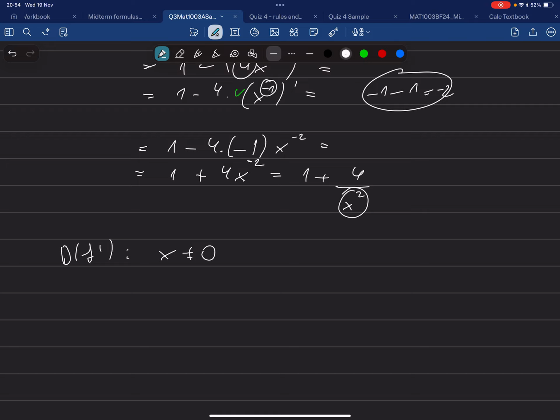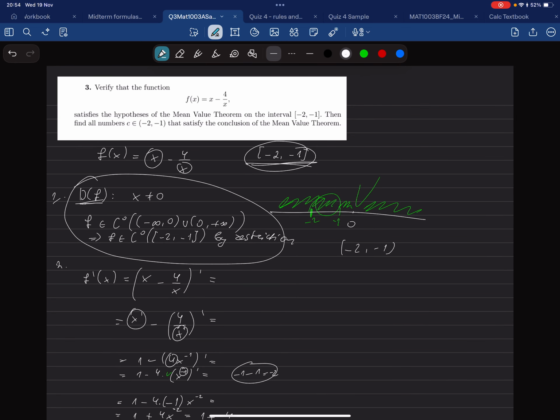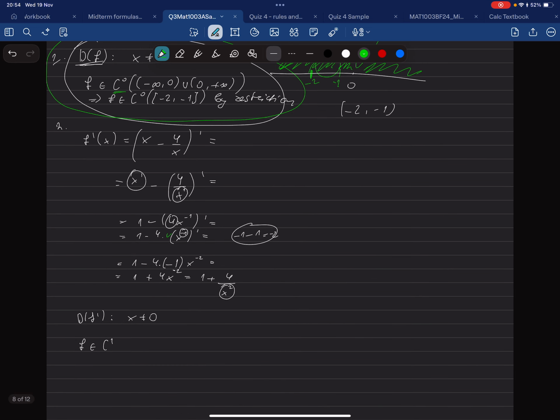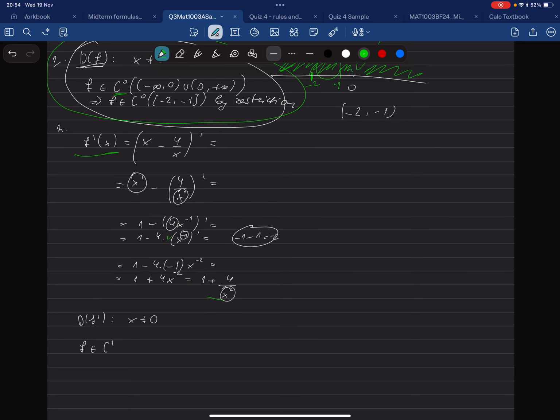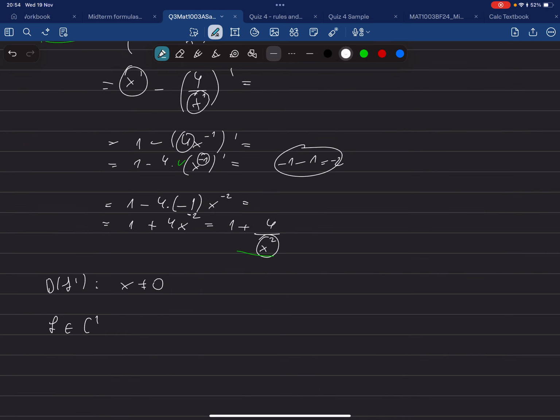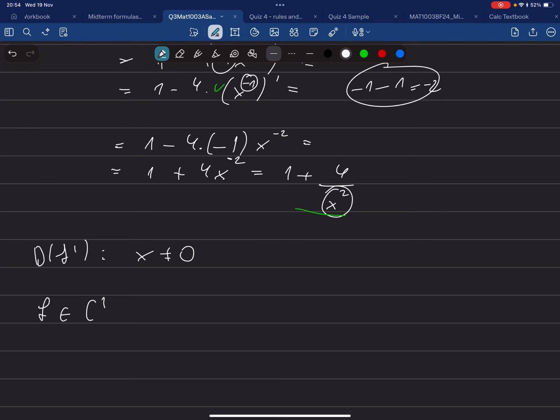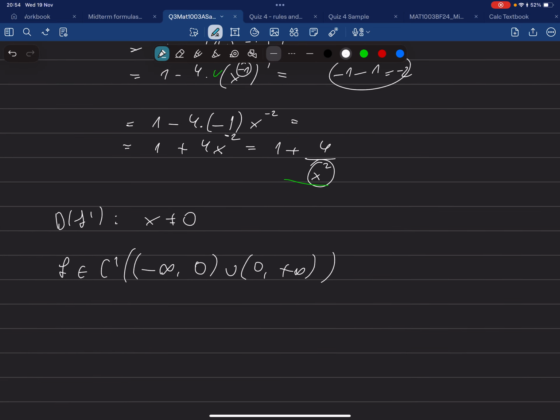Okay. Therefore, I'm going to write it the following way. F is C1. Okay, so notice, when we're checking the domain of the original function, we write C0, which means continuous. When we're working with the domain of the derivative, we write C1. So f is differentiable on the interval from minus infinity to 0, union with 0 to plus infinity. That's actually the same as for continuity.